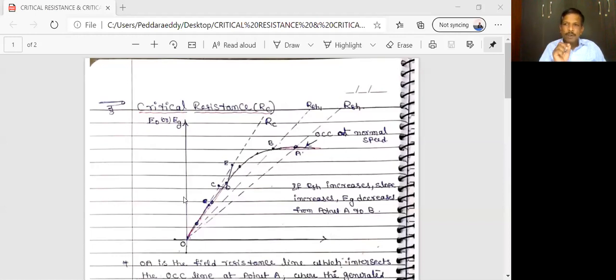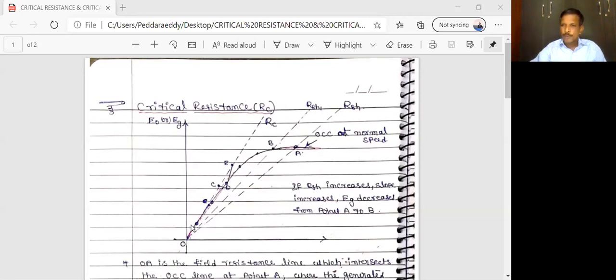The RSH line touches the final part of the OCC curve, where the maximum EMF is induced, and the line touching at minimum EMF is the RC line. So the line which touches the initial part of the OCC curve is called the RC line. At RC or critical resistance, the induced EMF is minimum or very low.